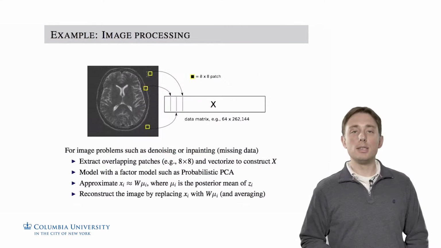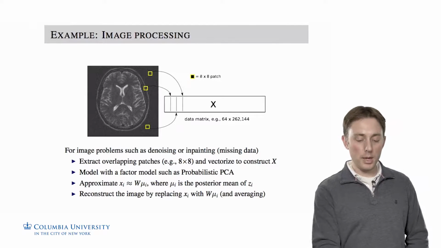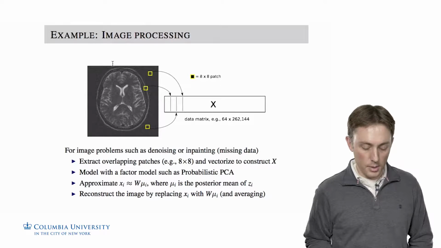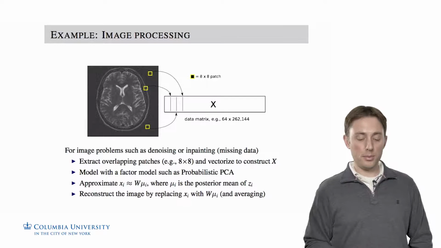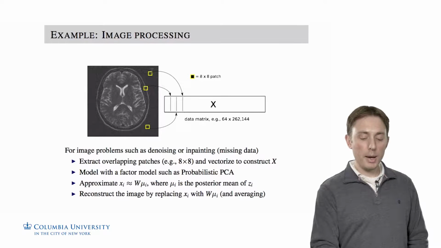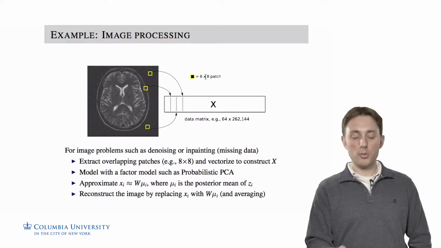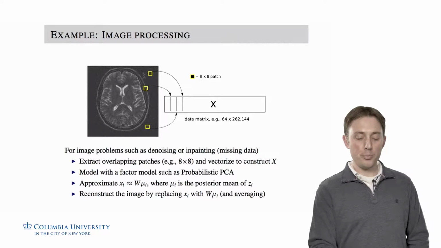So now let's look at an example of this applied to an image processing problem of denoising an image. Here we have a very noisy image. I'm not sure how noisy it would show up for you, but it's a noisy image. How we're going to denoise this image is by extracting 8 by 8 patches, where 8 by 8 is arbitrary. It could be bigger, it could be smaller, but we'll say 8 by 8. We then vectorize that into a 64-dimensional vector.